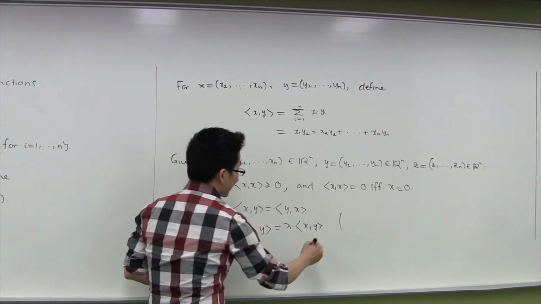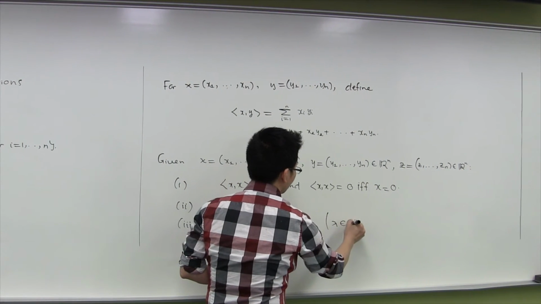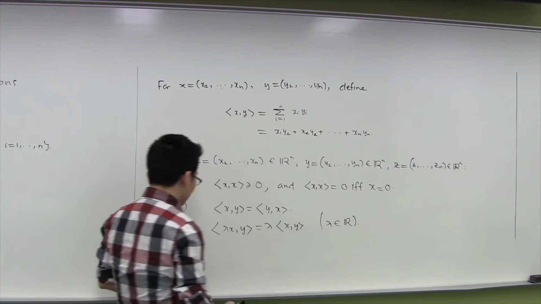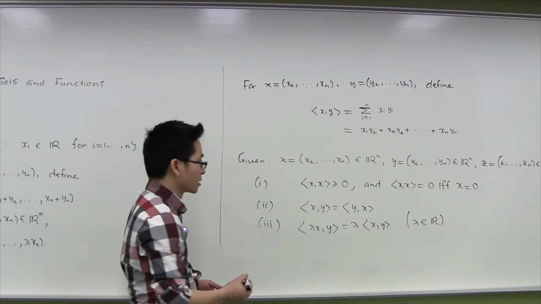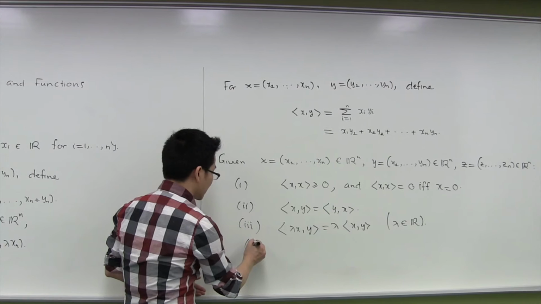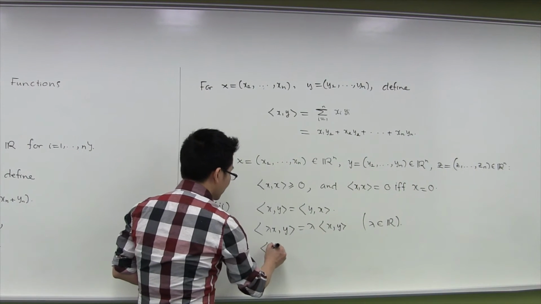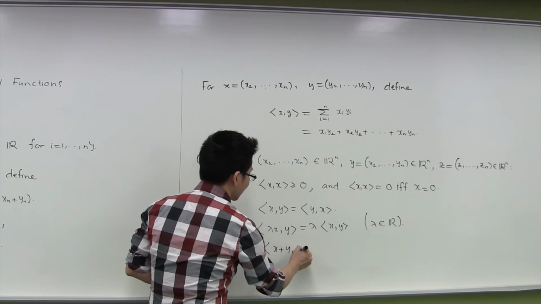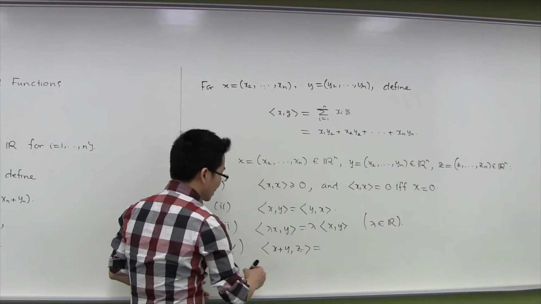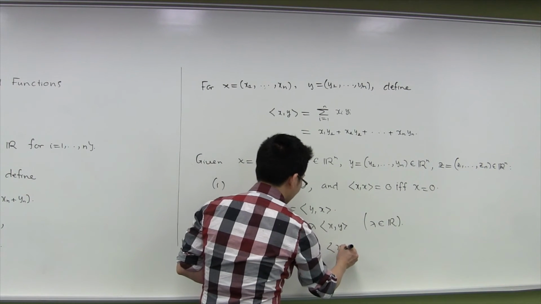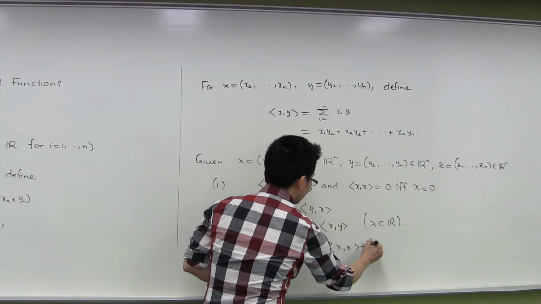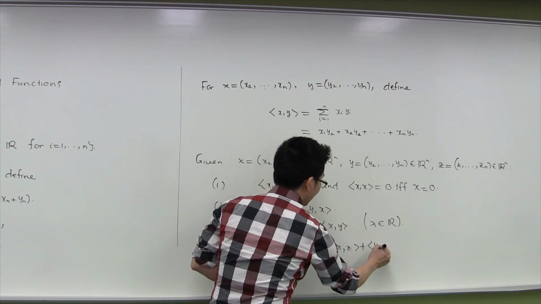Over here, lambda is a real number. Okay, and the distributive property is also satisfied. That means the inner product of x plus y and z is equal to the inner product of x and z plus the inner product of y and z.